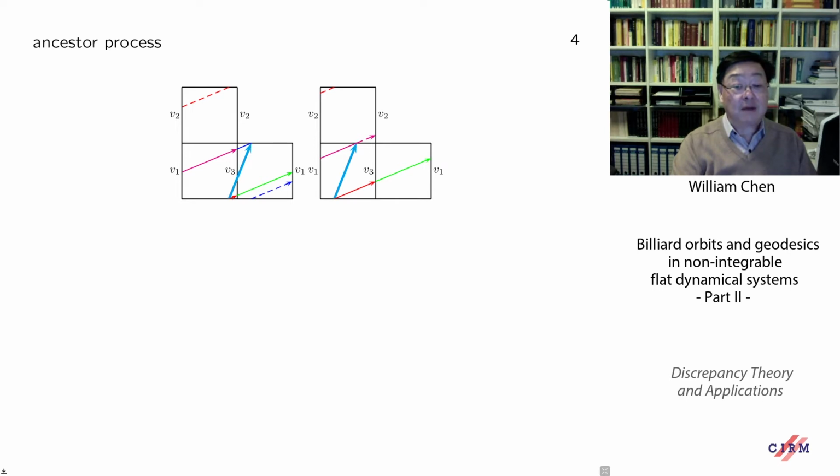So let's think about the ancestor process. We've already talked about this in the first talk, but here we want to be a little bit more detailed. Let's look at the picture on the left. We have the light blue, rather thick, almost vertical unit, which goes from an edge H1 to an edge H2.